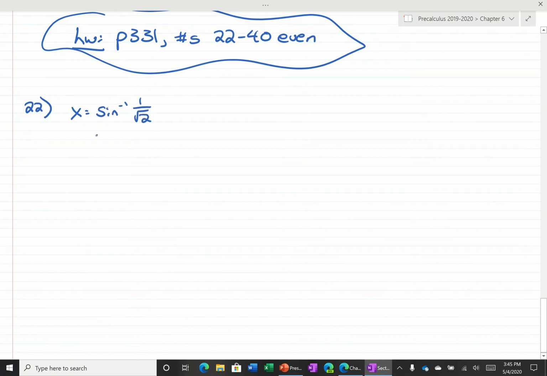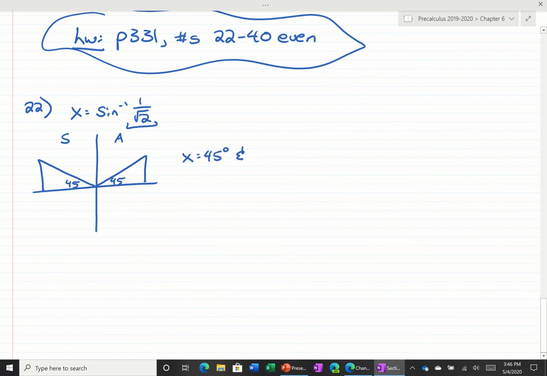And I know that comes from my 45, 45, 90 triangle. This is a positive number, so I'm going to draw 45 degrees in the quadrants where sine is positive. Therefore x would be 45 degrees, and x would be 180 minus 45, which is 135.